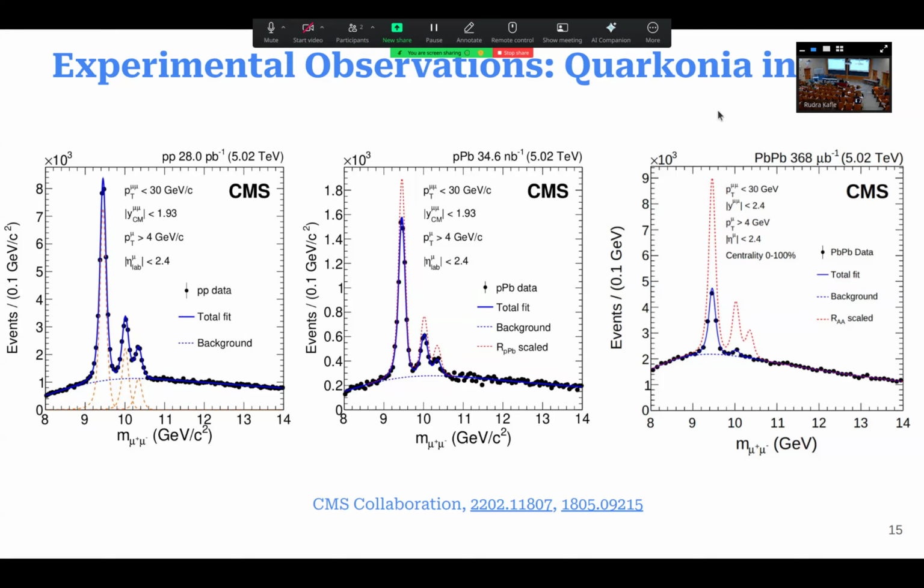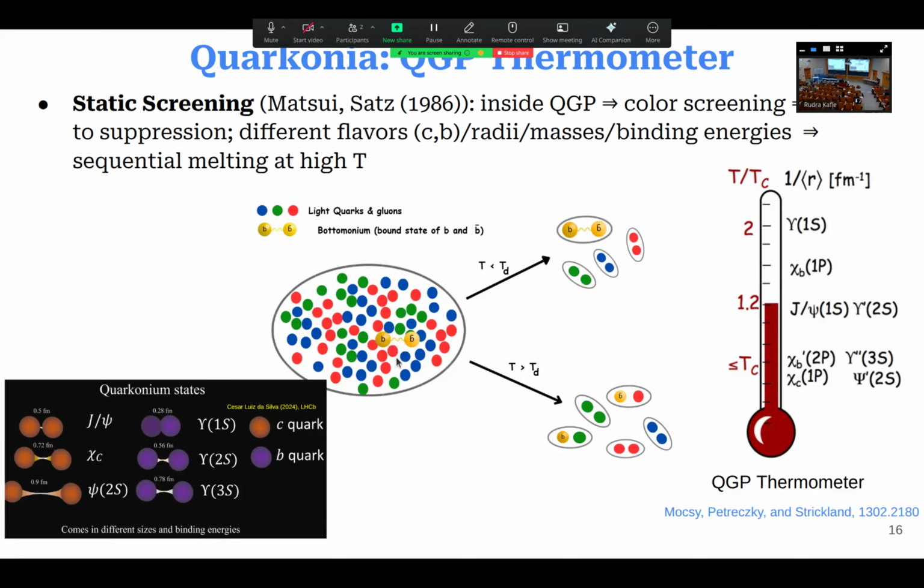Why? If you put these bound states of quarkonia inside the hot QGP medium, they experience color screening. The colored quarks and gluons in the QGP can obstruct or decrease the effective force between the bound state. If the temperature is really high, they can dissociate into an unbound state.